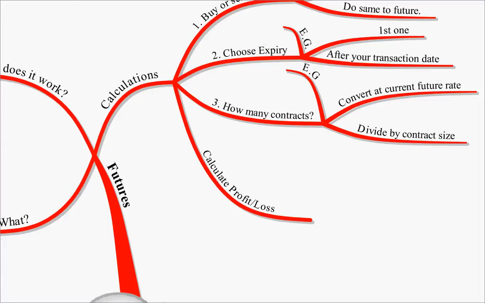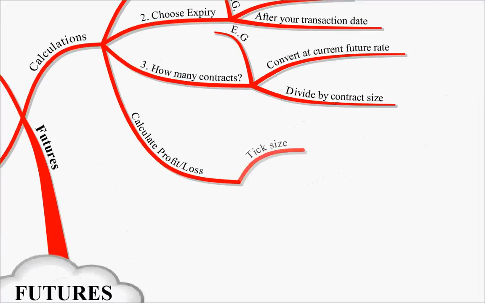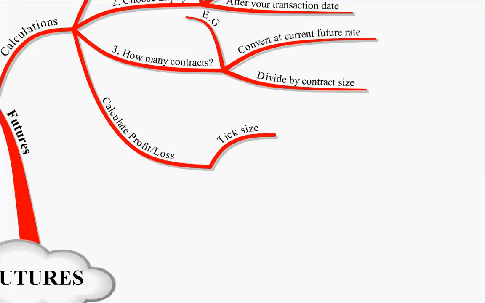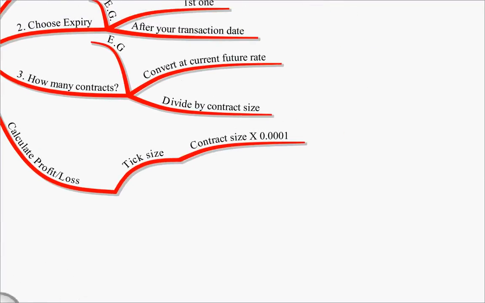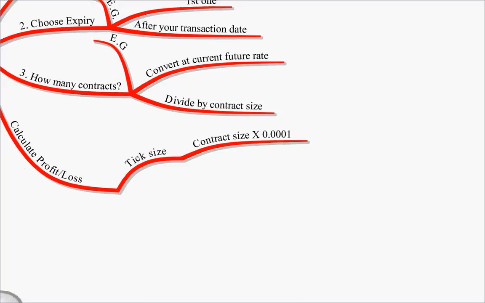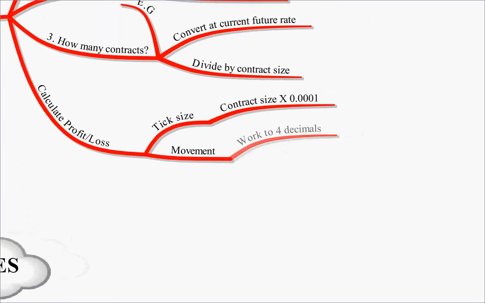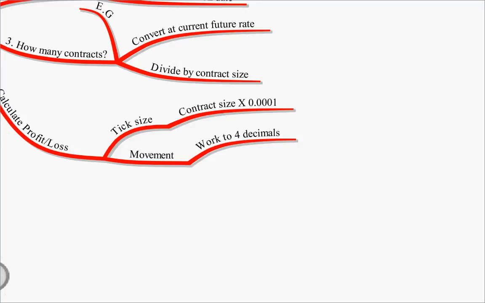So once you've done your future, you need to calculate your profit and loss. So you do that using your tick size. Your tick size is your contract size times 0.0001, because the smallest movement on the exchange will be 0.1%. So to get 0.1%, we multiply by 0.0001. The movement then will be worked to 4 decimal places.